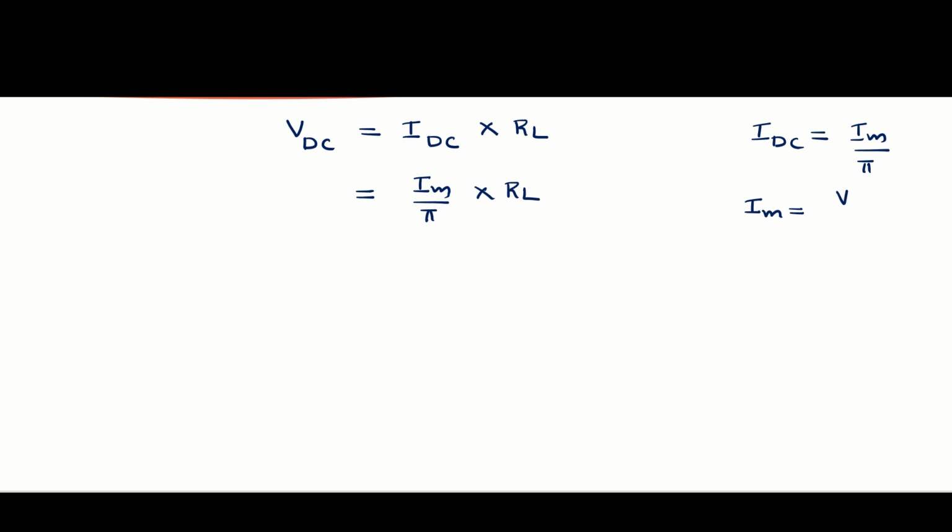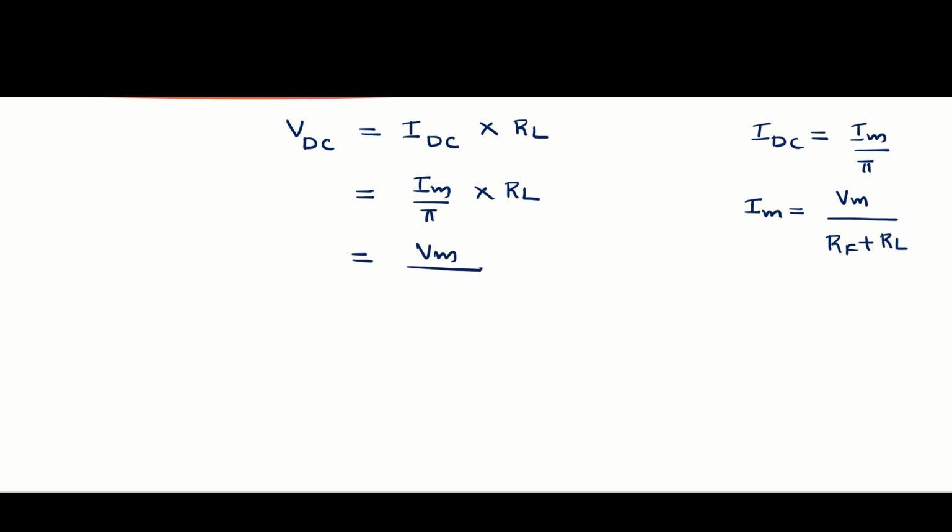Im is equal to the maximum value of voltage applied, Vm, divided by Rf plus RL. Or in the case of a bridge rectifier, what is the expression for Im? That is Vm divided by 2Rf plus RL, because in a bridge rectifier two diodes conduct simultaneously, so there comes 2Rf. Here there is only one diode since it is a half-wave rectifier.